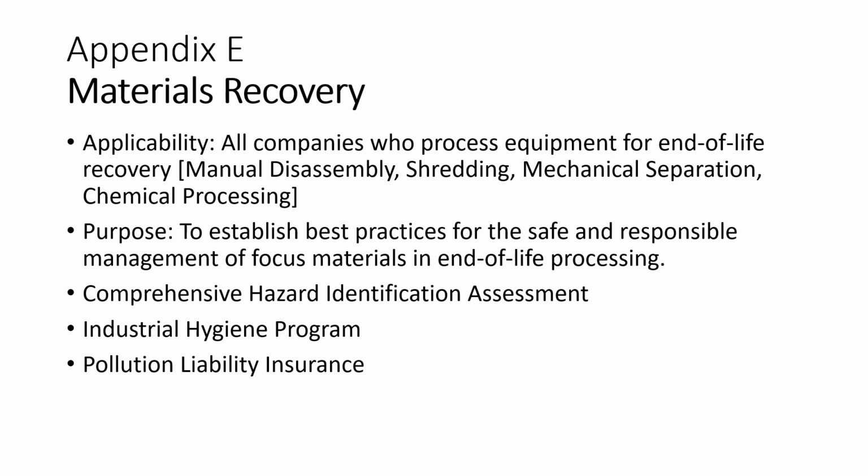This is going to be another pretty robust section, but some key highlights here are going to be a comprehensive hazard identification assessment, an industrial hygiene program geared to the level of risk, as well as the requirement to maintain pollution liability insurance.